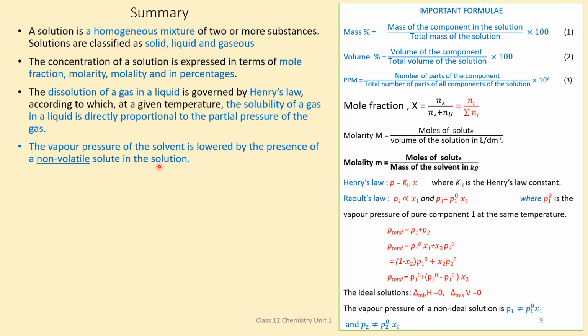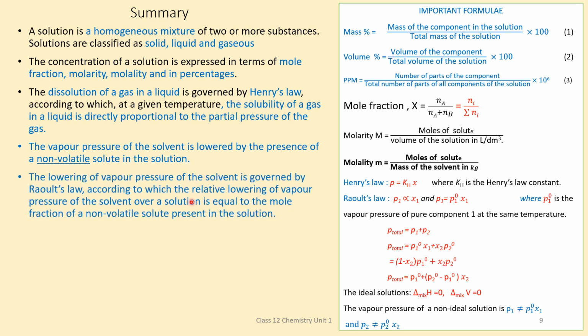The vapor pressure of a solvent is lowered by the presence of a non-volatile solute in the solution. So, in the presence of a non-volatile solute, the vapor pressure decreases. The lowering of vapor pressure of the solvent is governed by Raoult's law, which says P1 of solution 1 is directly proportional to the mole fraction of solution 1.